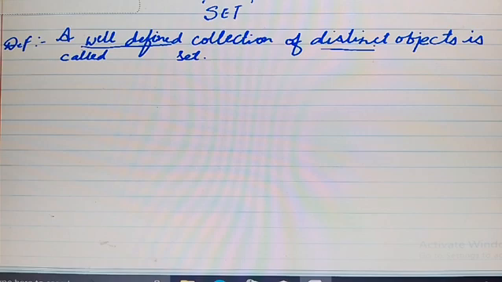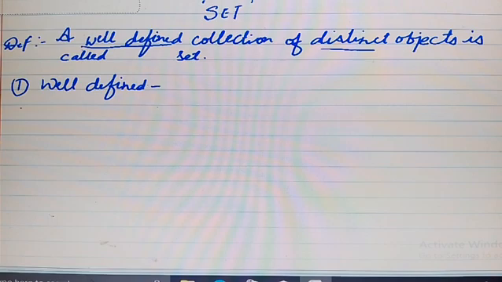Let us discuss what is well defined and what is the meaning of distinct in this definition. First is well defined. I'm writing here two examples, and I hope that you will understand what is well defined and what is not.